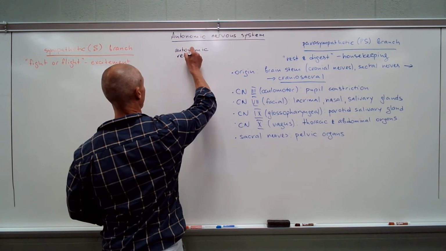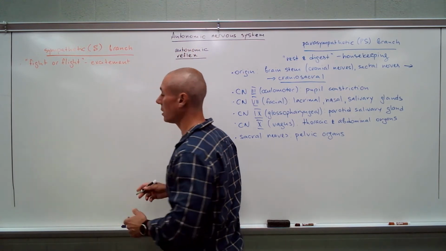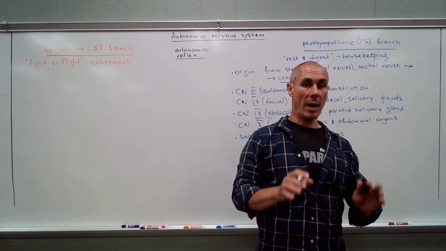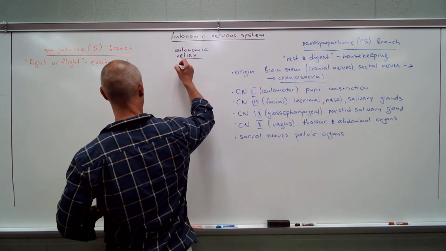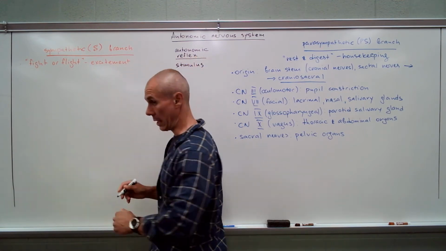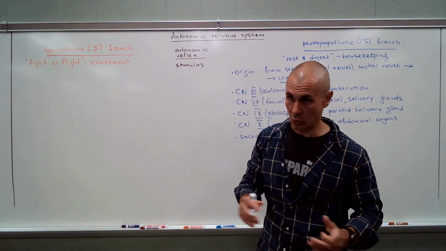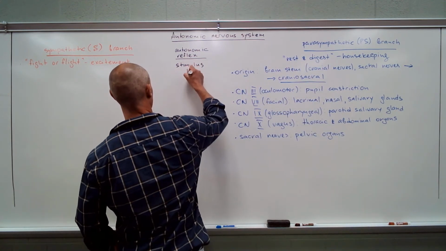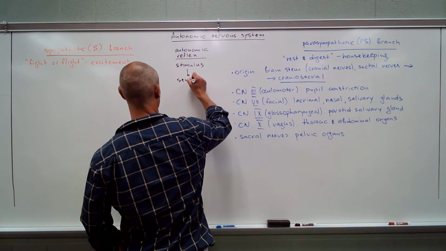Basically, same story as the somatic, with some minor modifications. Do we have a stimulus? Yes, we do. Reflex implies that there's a stimulus. Do we have a sensor? Absolutely.